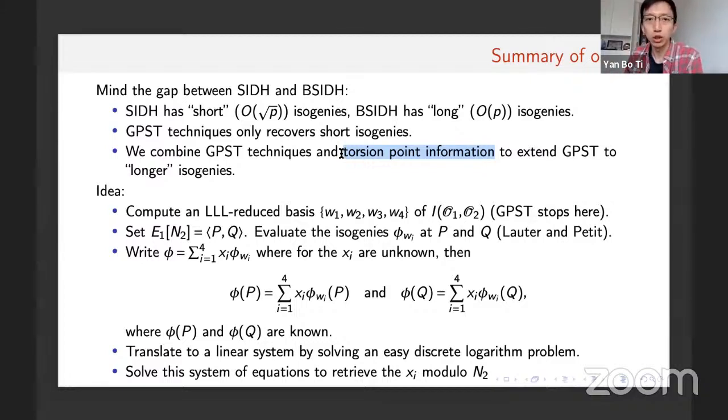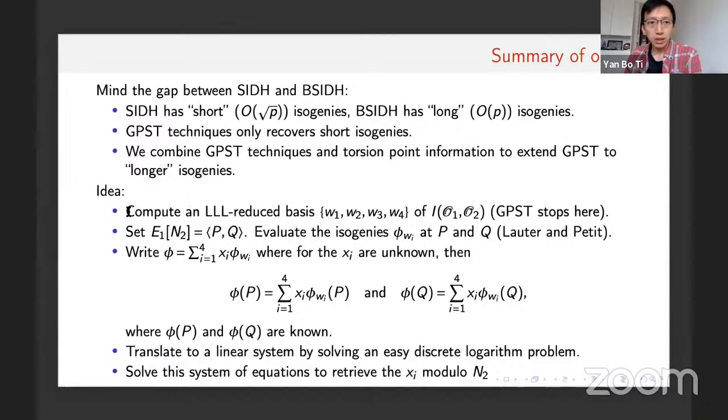So this is not superfluous information that is unavailable to an adversary. This is actually information that we did not use in GPST. So all B-side and SIDH schemes would provide this information for free to an adversary. So this is still a strong attack.